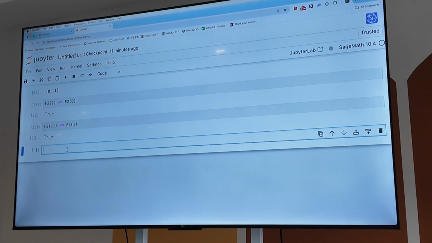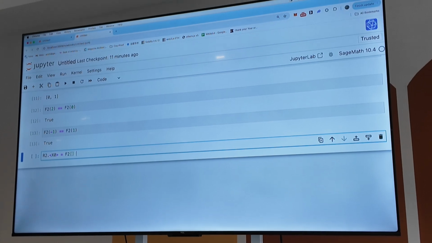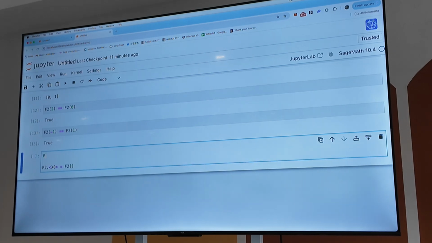Now let's define a polynomial ring over F2. Call it R2, and introduce an indeterminate named x0, over F2.